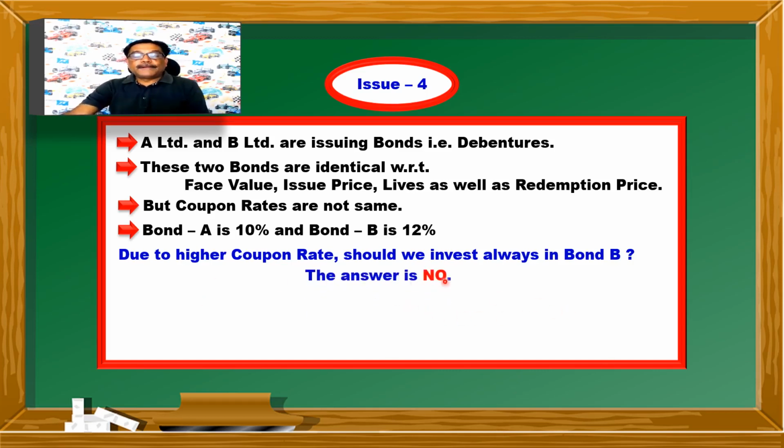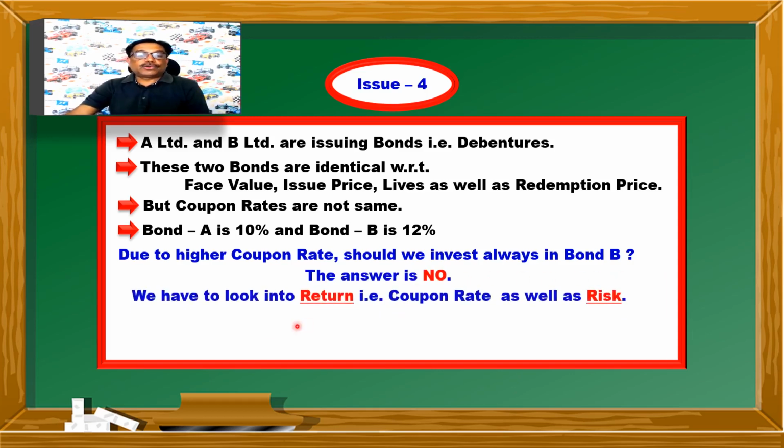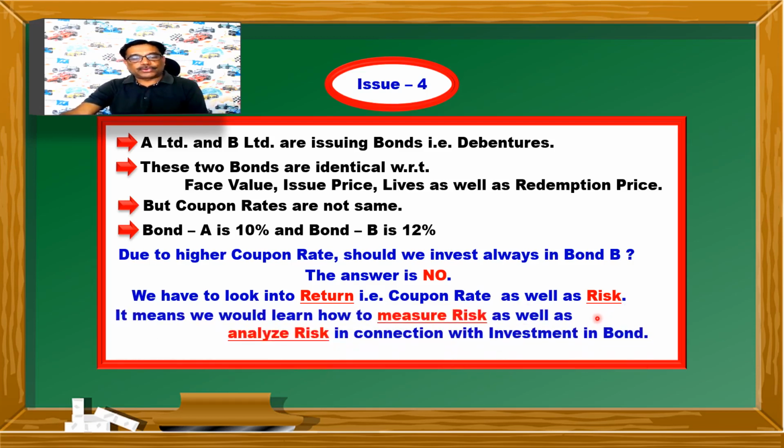Do you see? Should we invest always in bond B? Answer is no. We have to look into return, that is coupon rate, as well as risk. Only return is not enough. Side by side we have to look into risk.